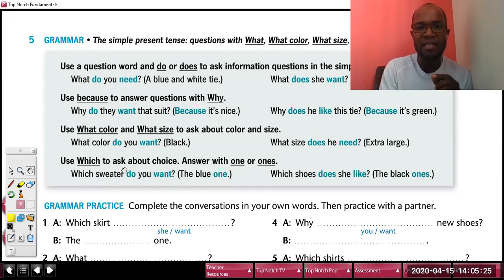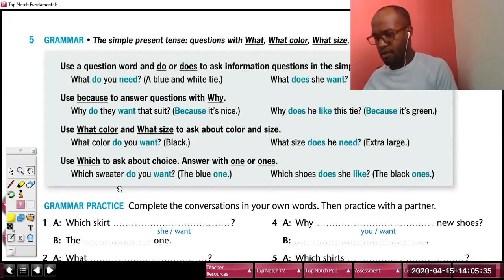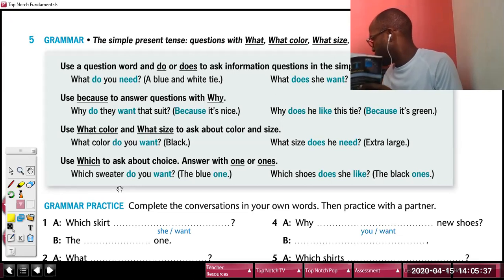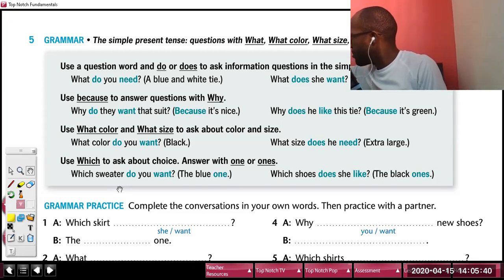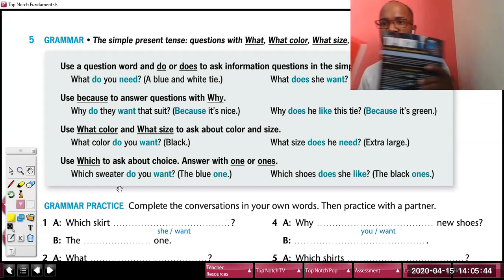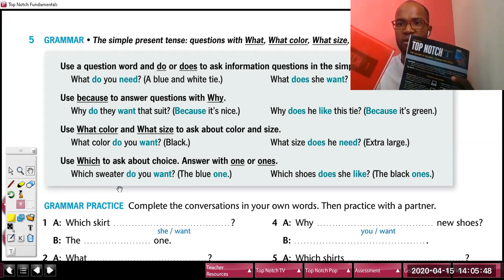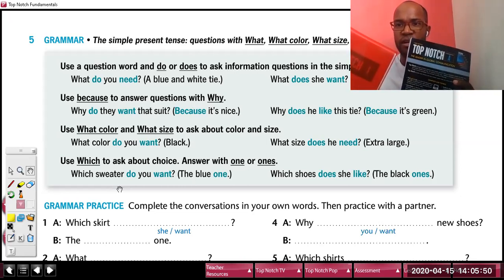Which, to ask about choice. Answer with one or ones. For example, let's suppose that, okay, let me show you two books, right? Two books. And I ask you, which one do you prefer?